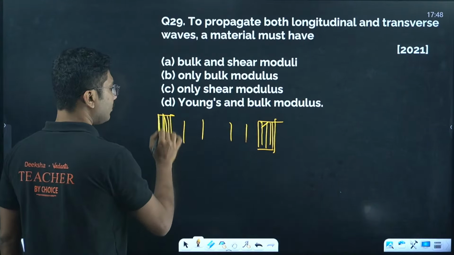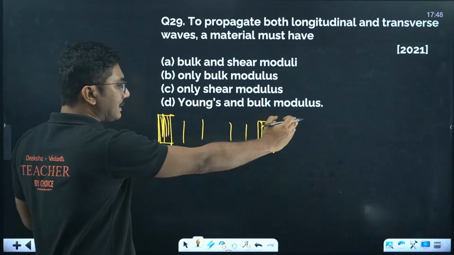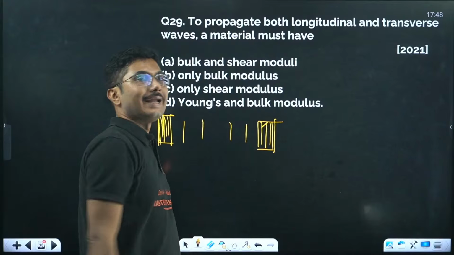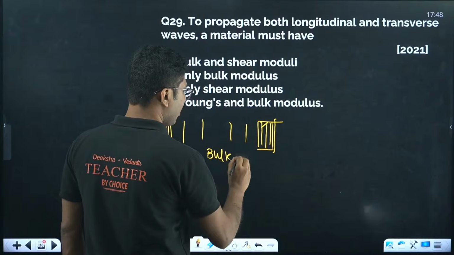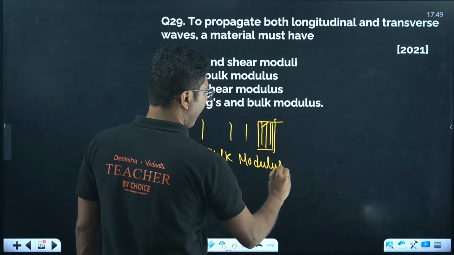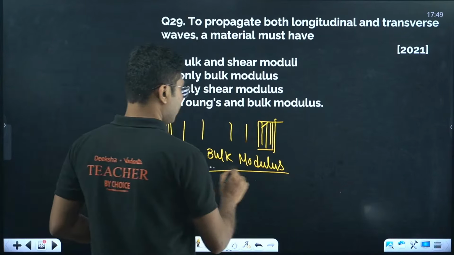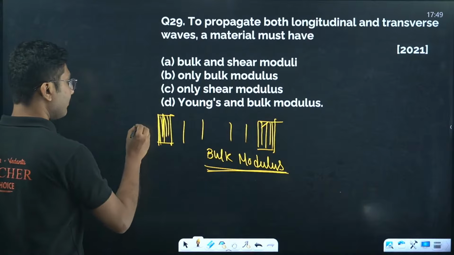So volume gets compressed, volume gets expanded. Compression of volume means it must be bulk modulus. So a longitudinal wave always needs bulk modulus.